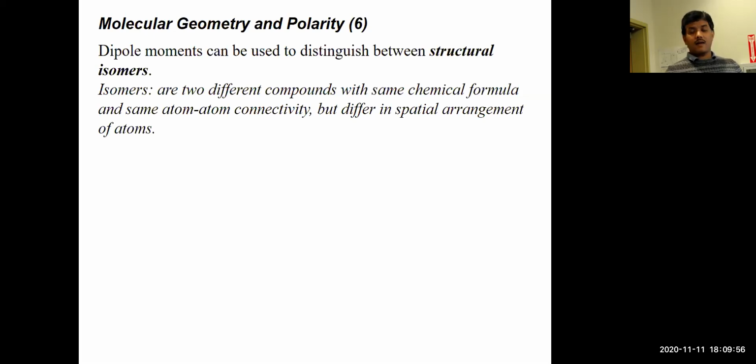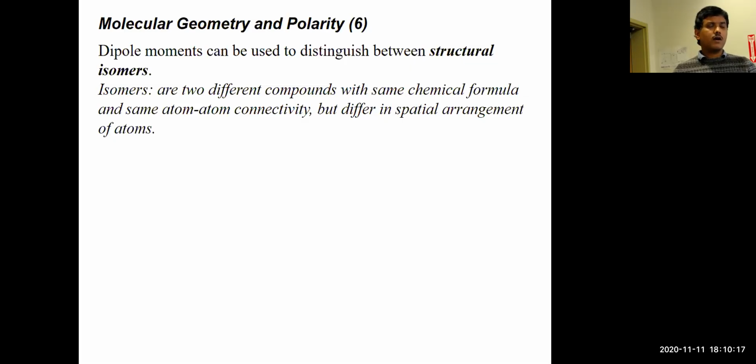Let's look into kind of an application of this topic. So we are trying to say that symmetry in a structure is going to determine if a molecule is polar or not. Sometimes you can use it to identify the difference between 2 compounds. One such way is structural isomers.